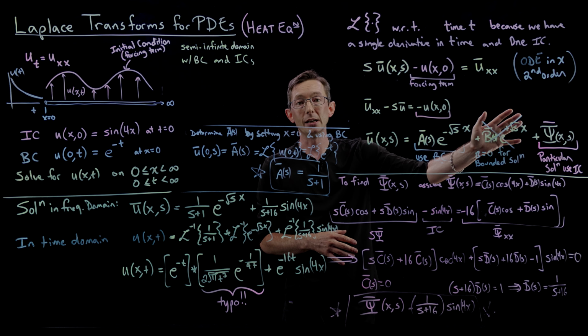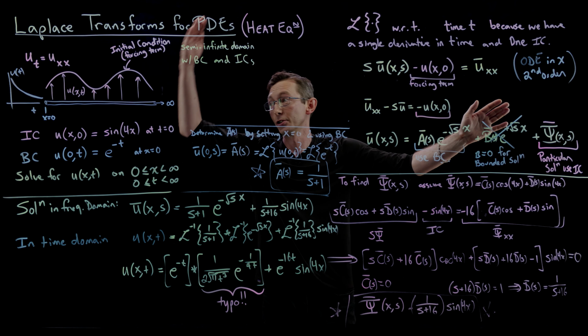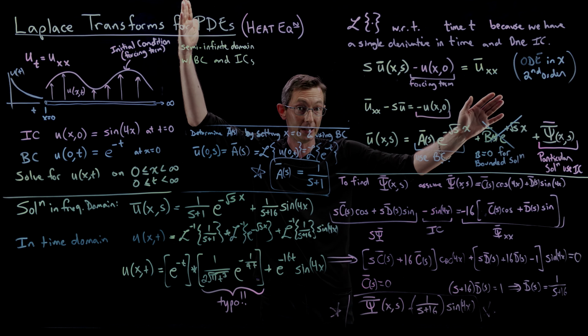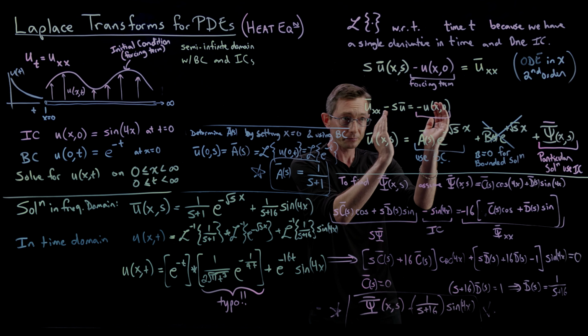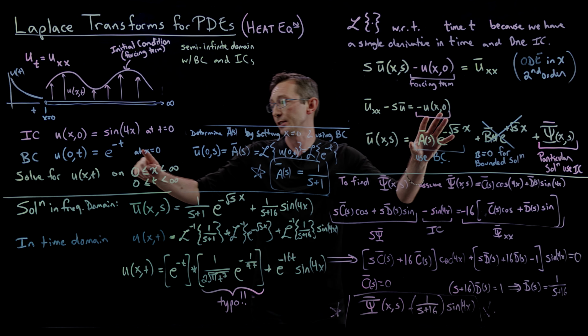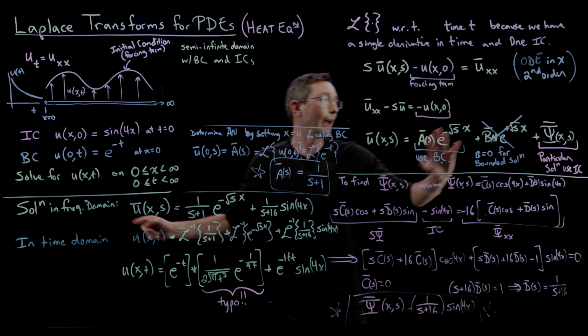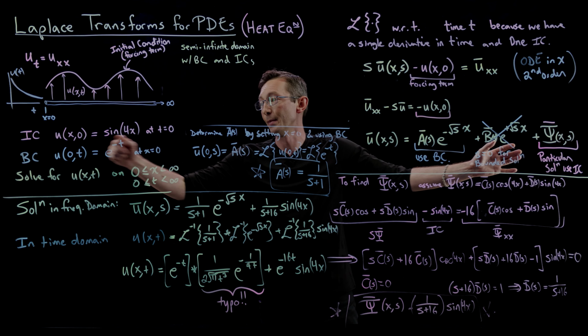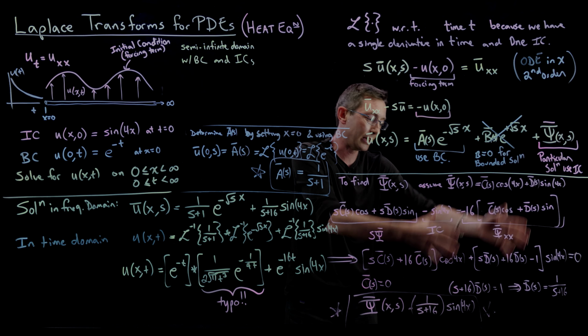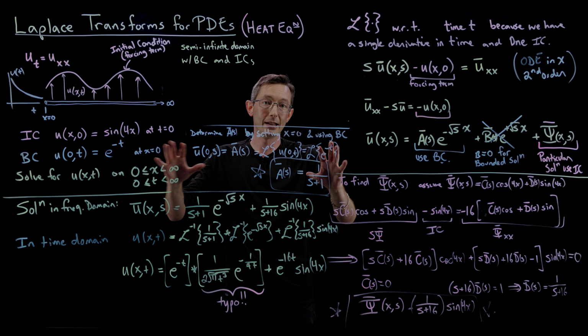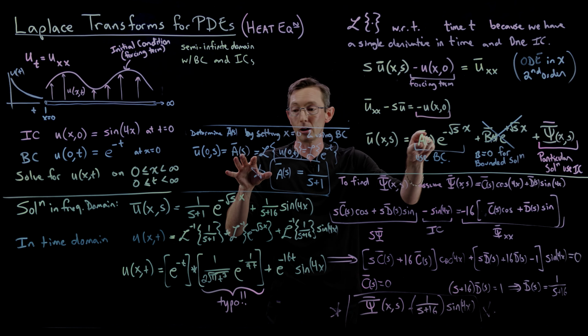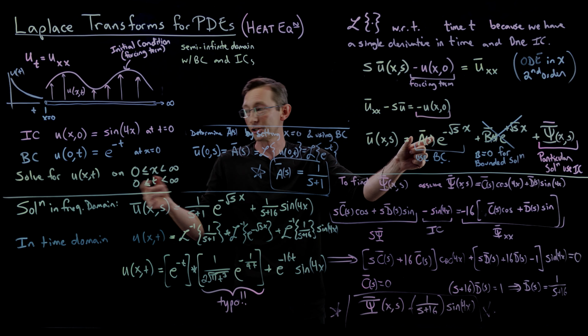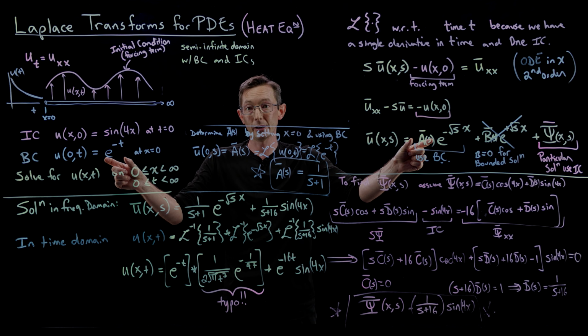One half of the homogeneous solution is 0, so that my solution doesn't blow up as x goes to infinity. The other part of the homogeneous solution I solve with my boundary condition, and my particular solution I solve with my initial condition, using standard ODE techniques, to solve for a bar of s. A bar is just the Laplace transform of my boundary condition.